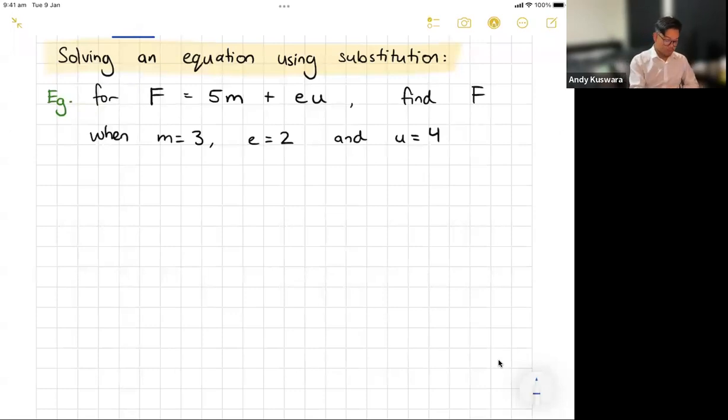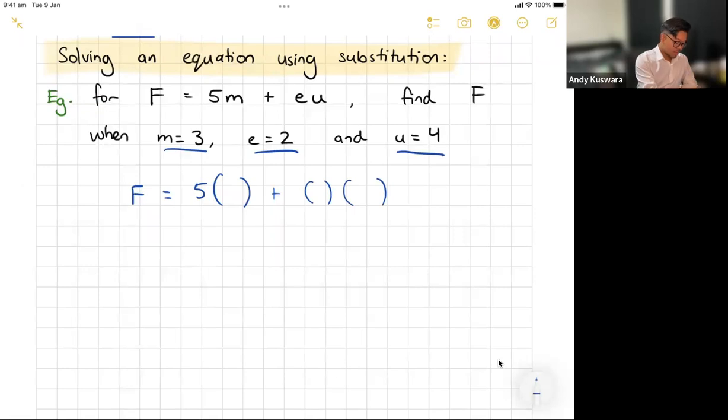So again, all we're doing here is trying to find F, and all we need to do is substitute in these: m equals 3, E equals 2, U equals 4. So it's going to be 5 times m plus E times U. 5m, and m is 3, so I'm writing 3 in here.